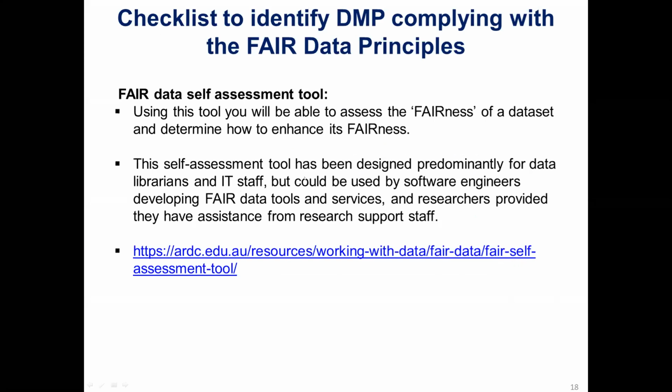As I mentioned, it has questions for each one of the four FAIR principles, and if you answer them honestly, you will see the overall fairness of your data plan or any resource you have. The green mark will go to the right, and if you have more than 70 or 80, it means your data is more FAIR.